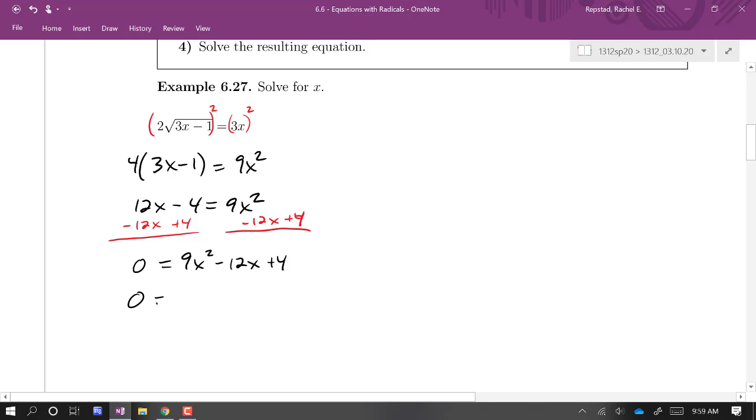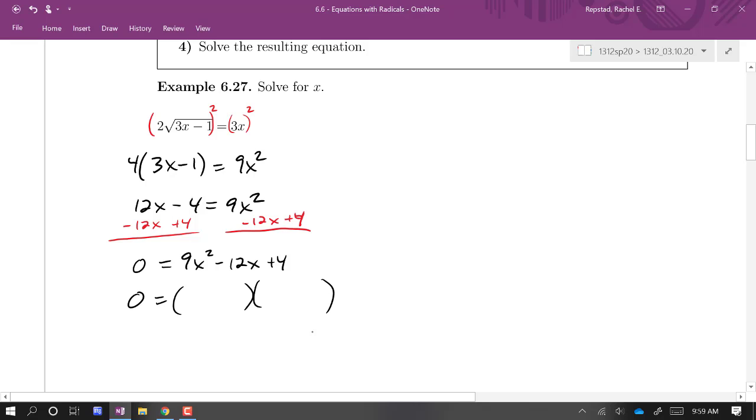Let's see if this does factor. We don't have any prime terms or prime coefficients, so we have options, which means it'll take a little longer.